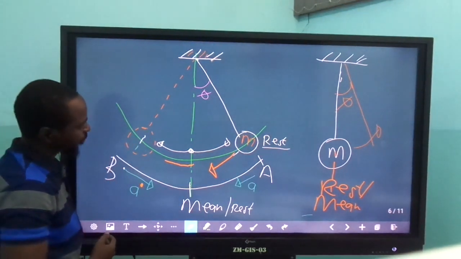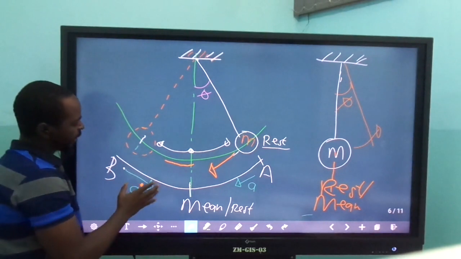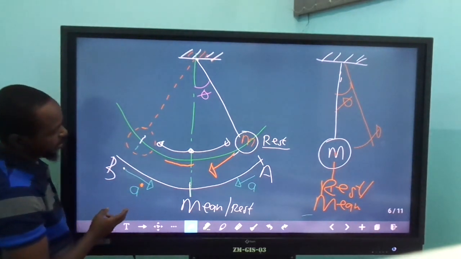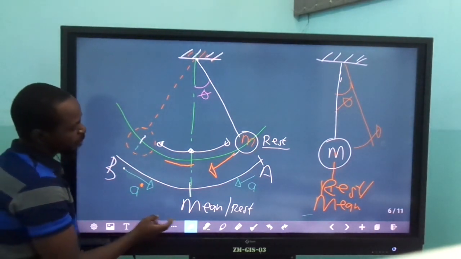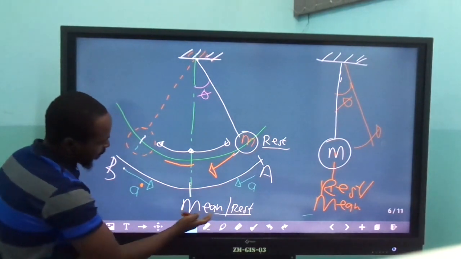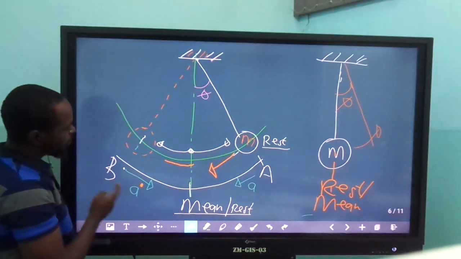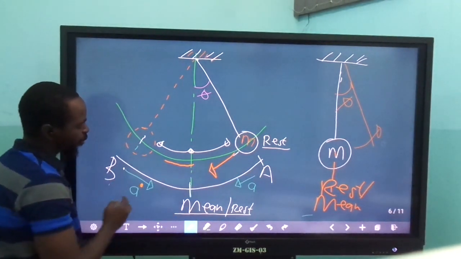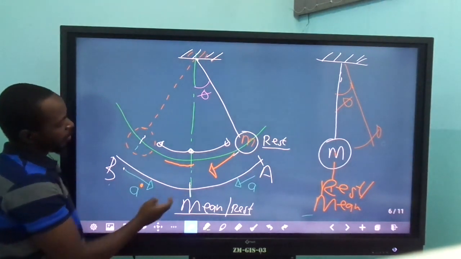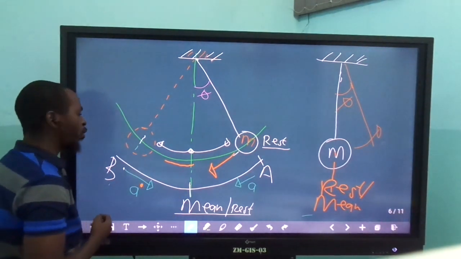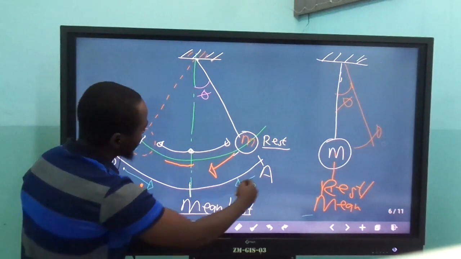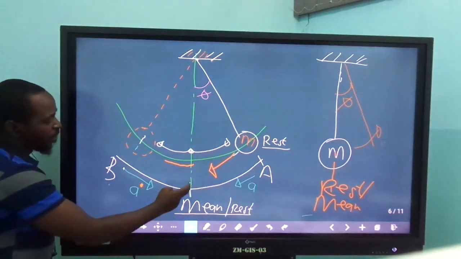So now, the acceleration in this case is pointing towards the mean. When moving from B to A, it is pointing towards the mean point. And also when moving from A to B, it is pointing towards the mean point.